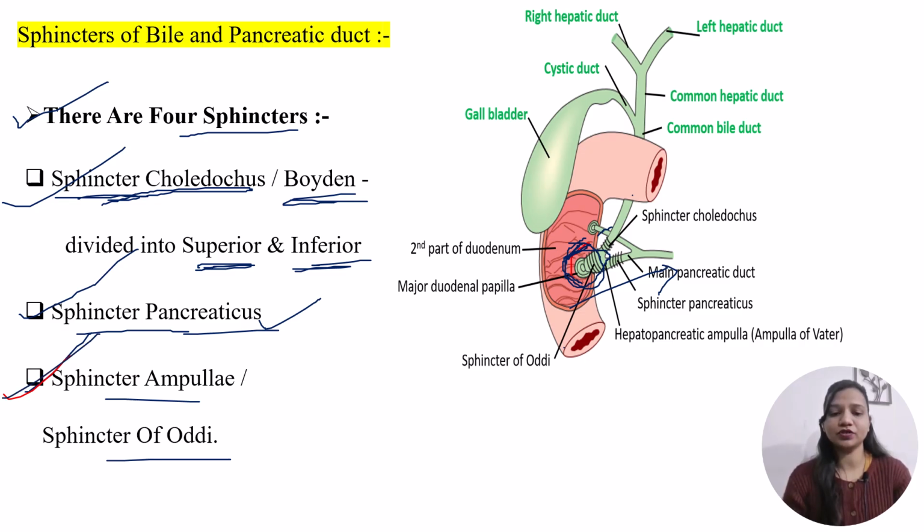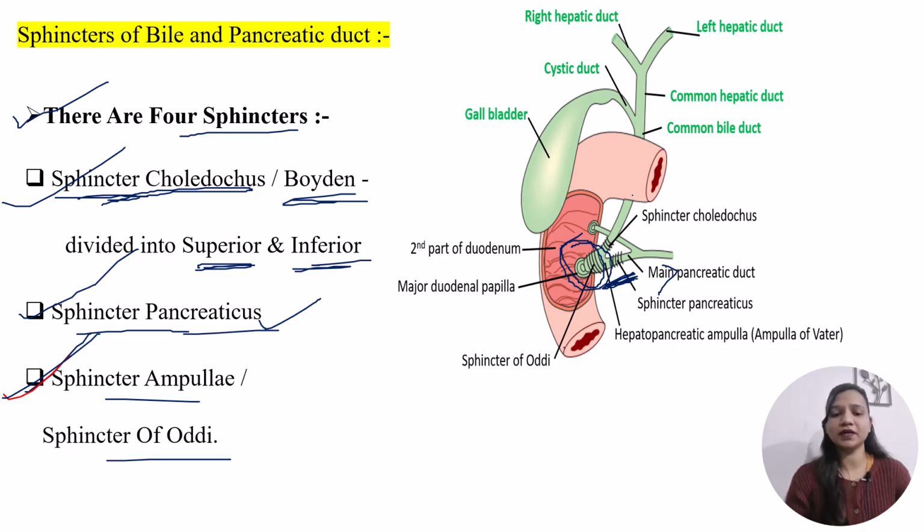The main function performed by sphincter pancreaticus is that it regulates the pancreatic enzymes, but there is a dominant function of the sphincter of Oddi, because it dominantly performs the functions of regulating the flow of bile into the duodenum and preventing the backflow. So there is no such need of sphincter pancreaticus. That's why it is not always present, and also there is a reason of anatomical variation in some people.